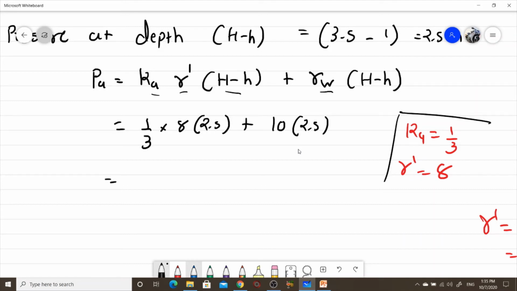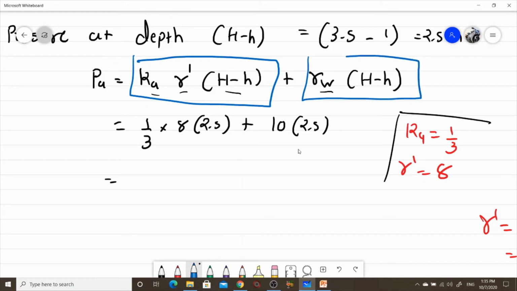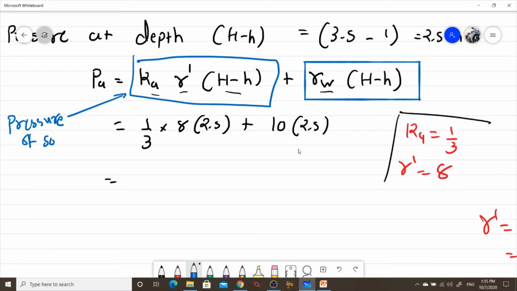Okay, so here, understand the equation. The first term is for the pressure of soil and the second is the pressure of water.